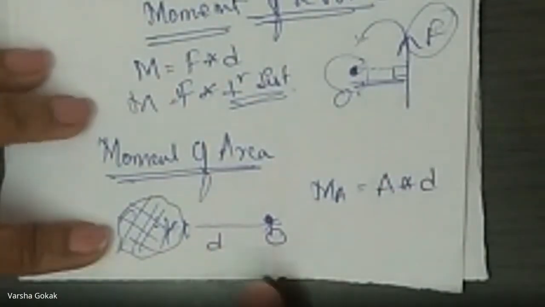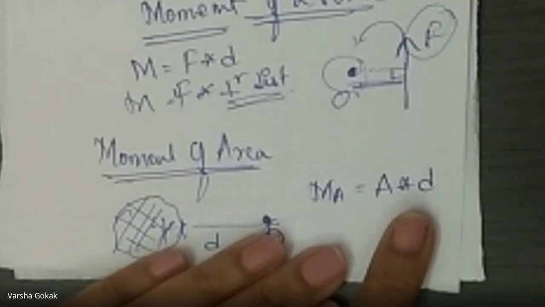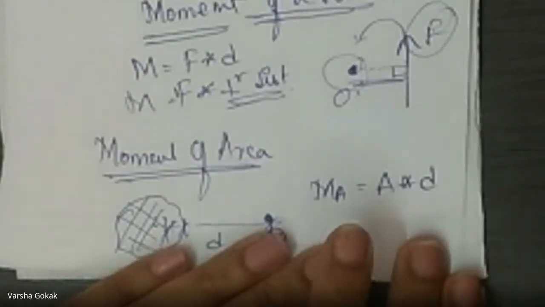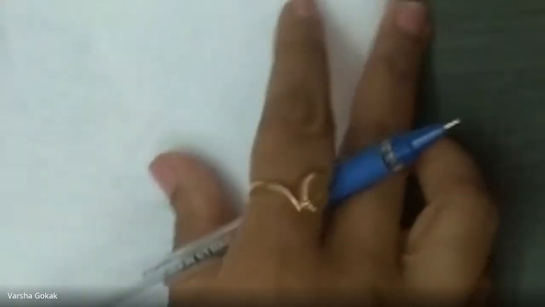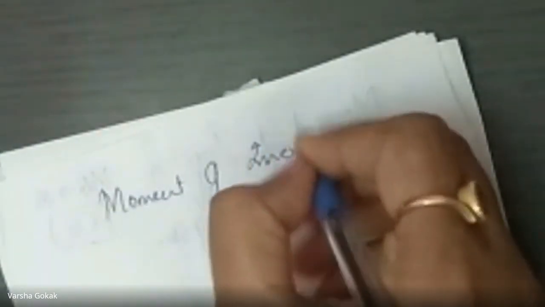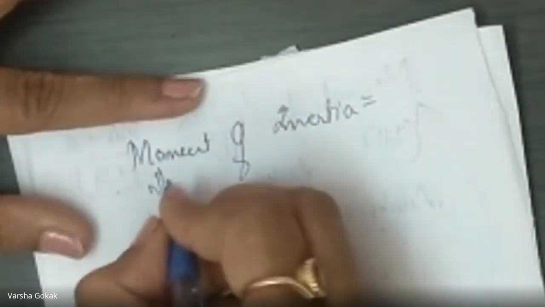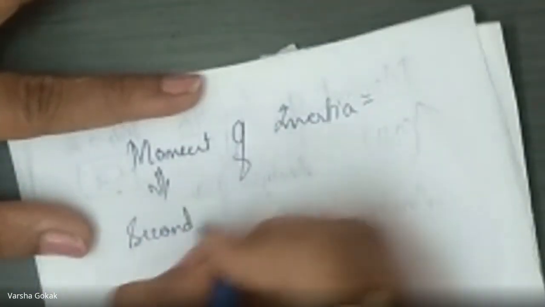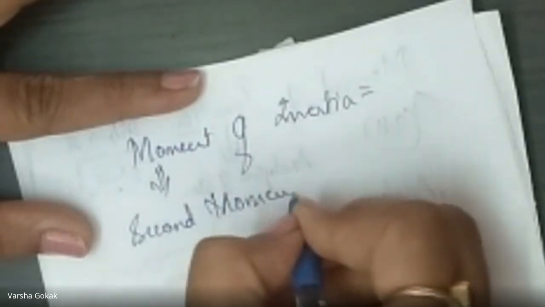This is moment of an area. So when we come to moment of inertia, it is defined as the second moment of area.